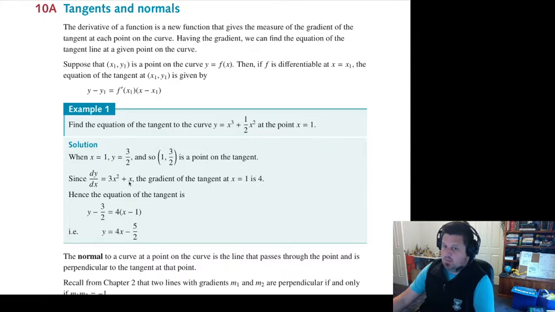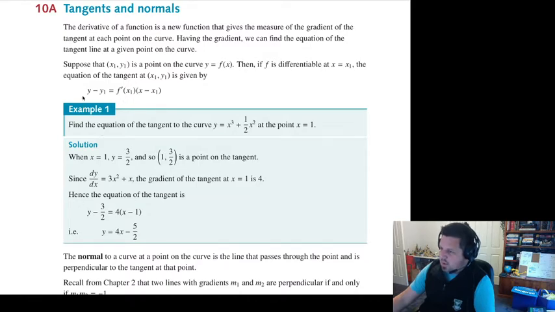Substituting x equals 1 into the derivative, we get that the gradient of the tangent is 4. So f dash of x1 is 4.